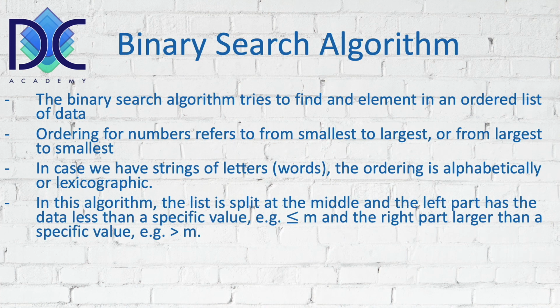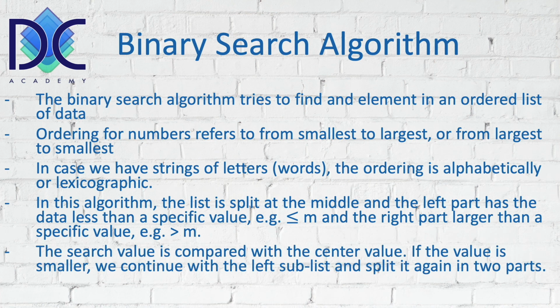Now, what we do in the binary search algorithm is we have a list, and we split that list in the middle. It's an ordered list, so we know that all the numbers at the left of the middle number are lower than that number, and at the right, they're higher. First of all, we look at the center value.